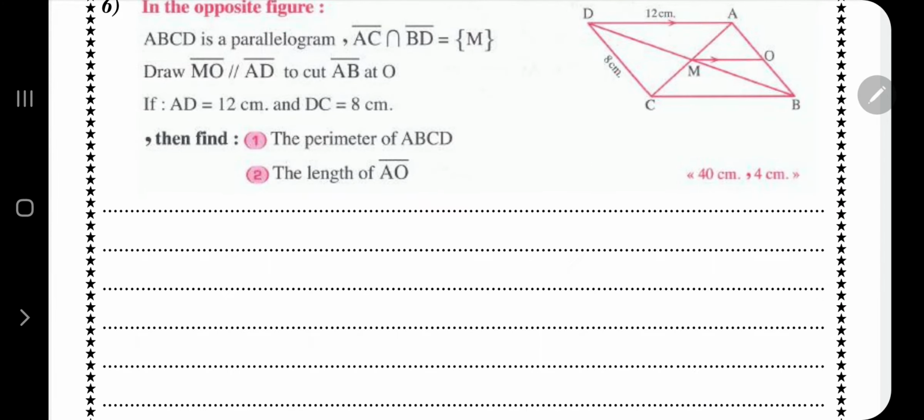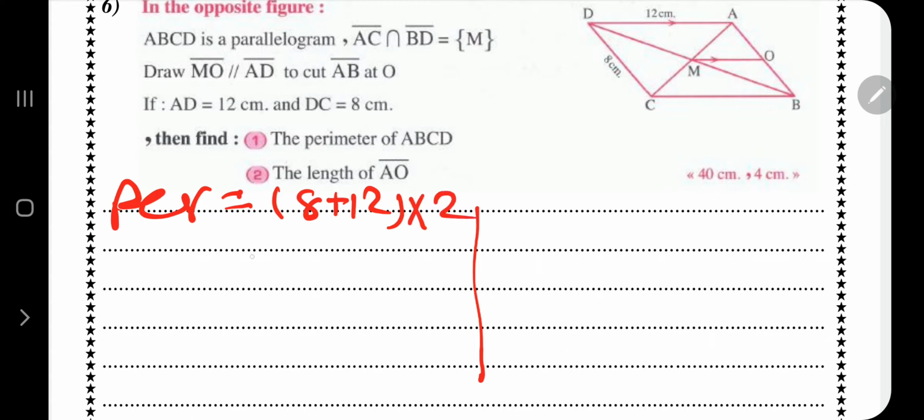He asked me to find the perimeter. In this example I will read the given, and he asked me to find the perimeter of parallelogram ABCD. The perimeter of a parallelogram equals the lengths of two adjacent sides, 8 plus 12, times 2, which equals 40 centimeters. After that he asked me to find the length of AO.